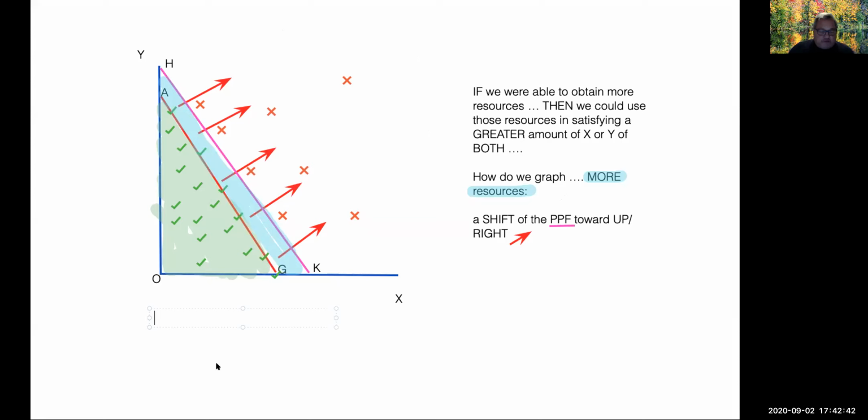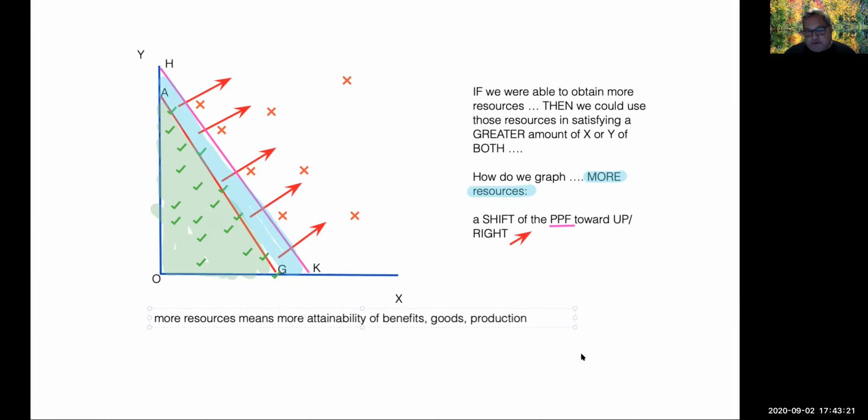Okay, so this picture shows that more resources means more attainability of benefits or goods production. Or back in the earlier example, if we had more time to devote, we could do more math problems, and we could also do more English, or we could do a little bit more of both.